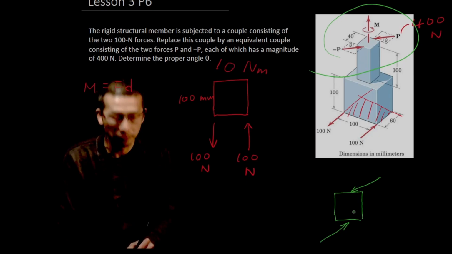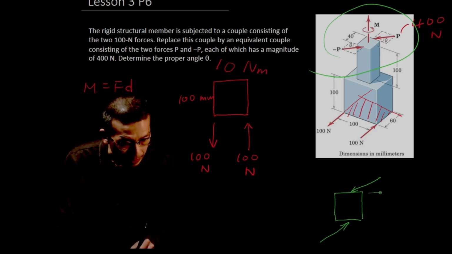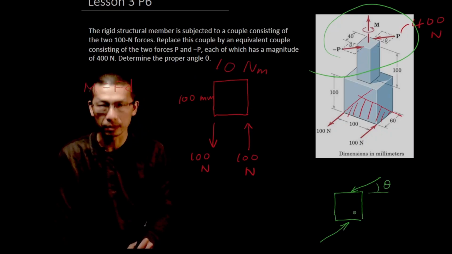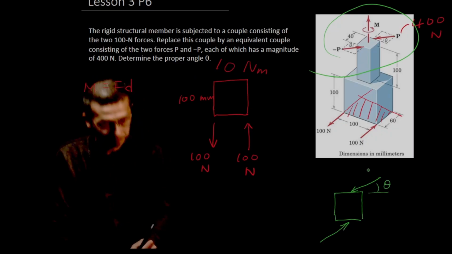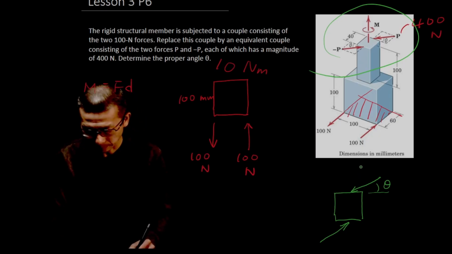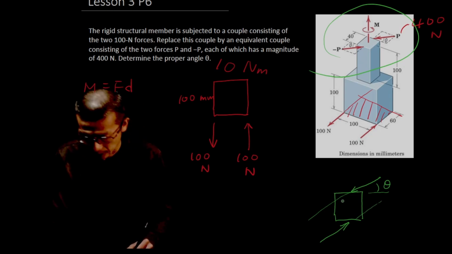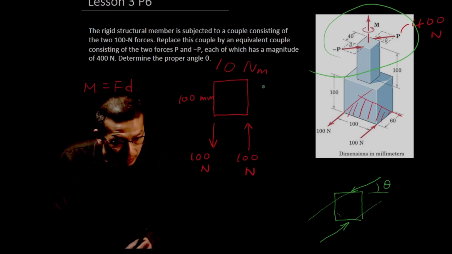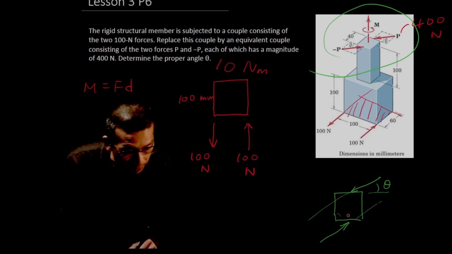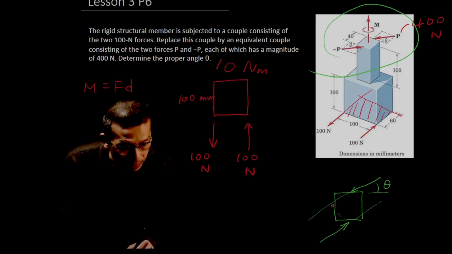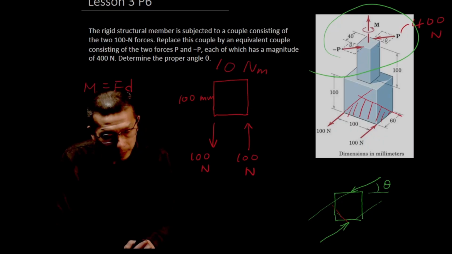And we want to find this theta that gives us the equivalent couple. So let's do that. If I draw the line of action and the distance, now this is very, very tiny. Okay, that distance there.